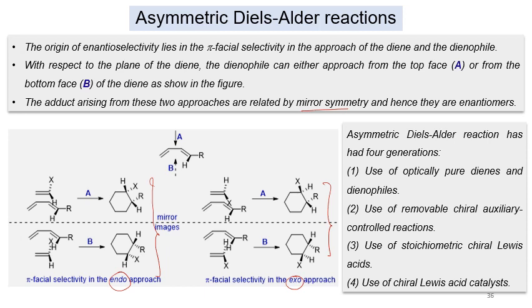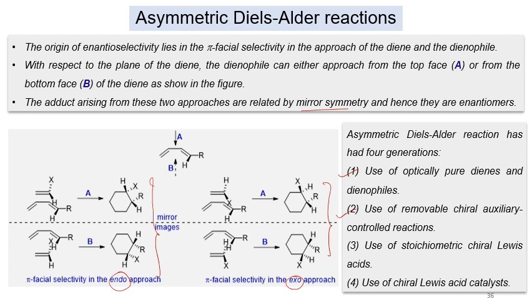In the asymmetric Diels Alder reaction, earlier optically pure dienes and dienophiles were used. Then came the use of removable chiral auxiliary based reactions. That means you could use a chiral auxiliary somewhere either on the diene or the dienophile, and those could be removed at a later stage.